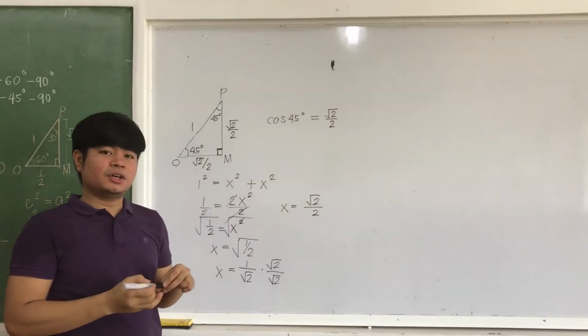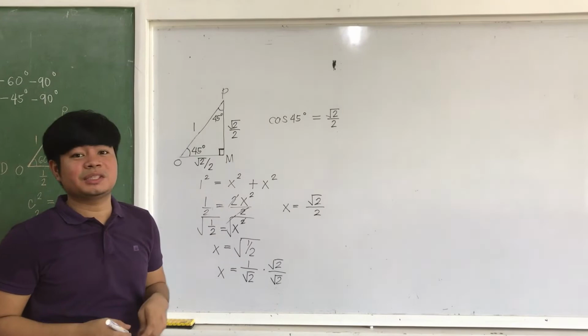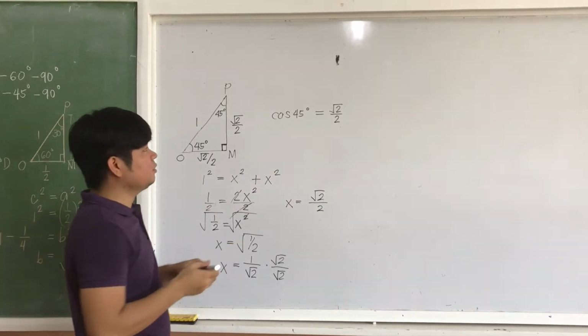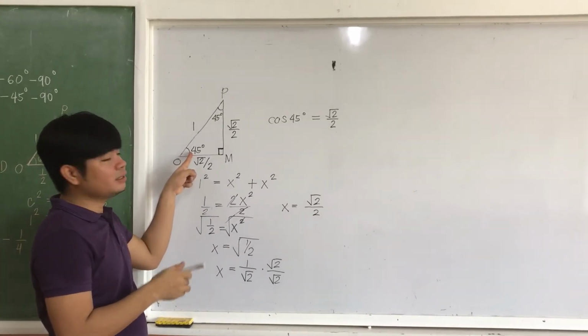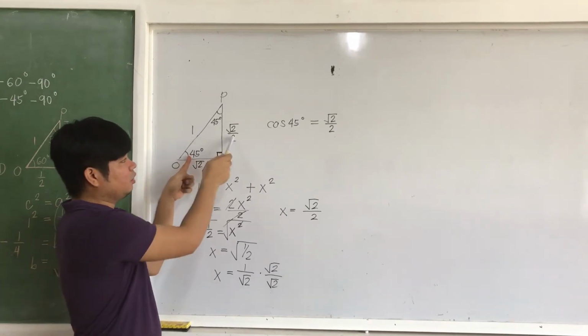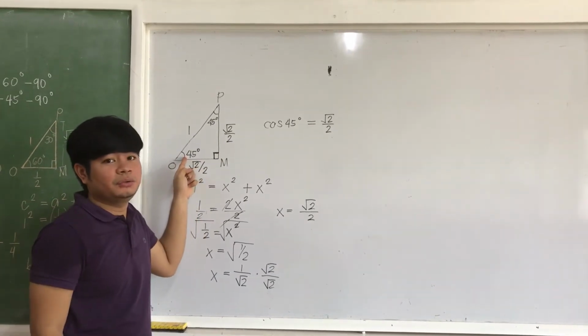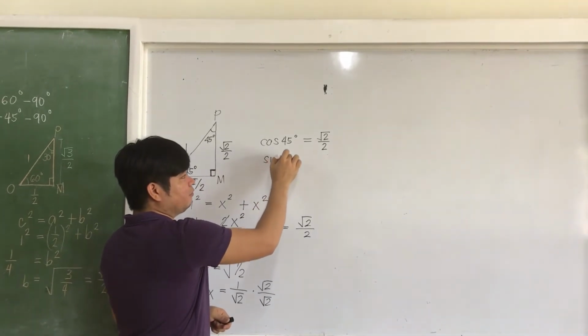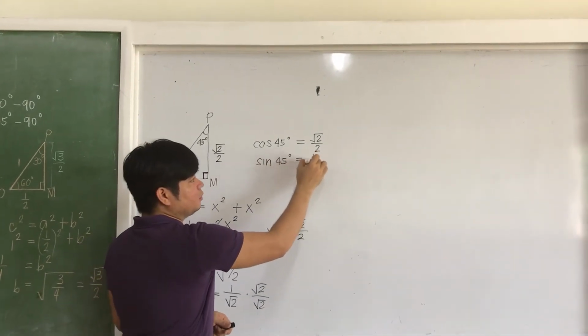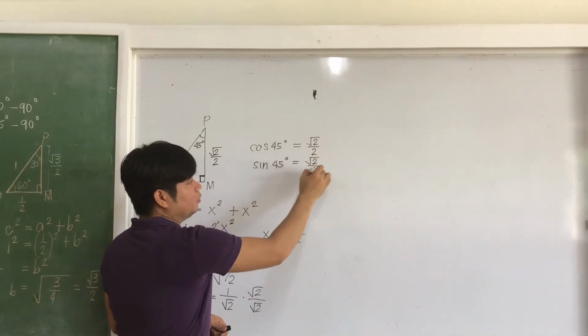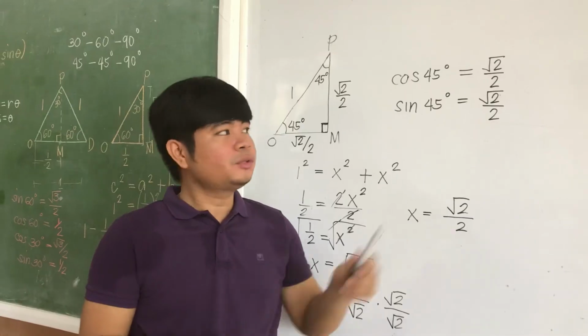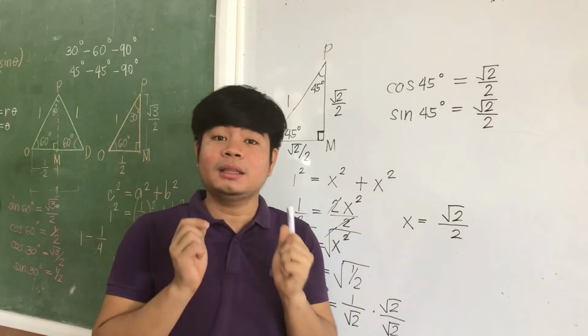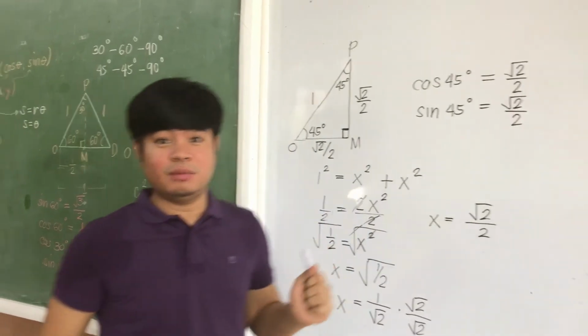So can we say that cosine 45 degrees is also equal to sine 45 degrees? Let us observe. If I use this as the reference angle, the opposite is still square root of 2 over 2, then they are just the same. Okay? So we have sine 45 degrees is equal to square root of 2 over 2 also. Observe that this is 45 degrees, and what if we are going to use radian measures?